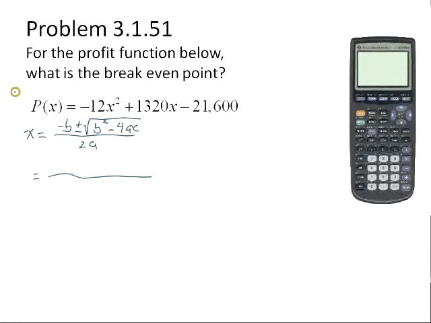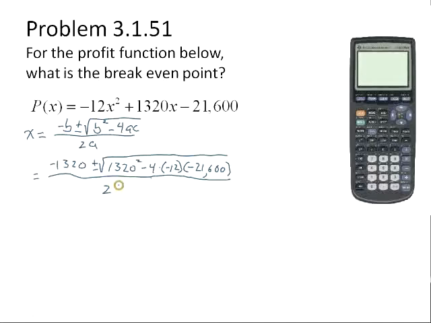And so in our particular problem, we're going to have the opposite of b, so the negative 1,320, then plus or minus the square root of 1,320 squared minus 4 times the negative 12 times the negative 21,600. Those are the a and the c.